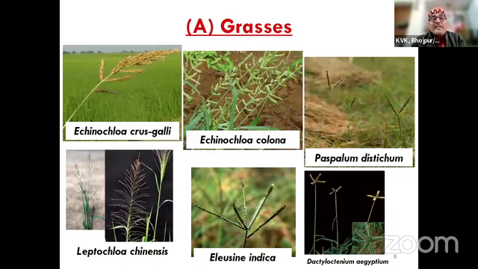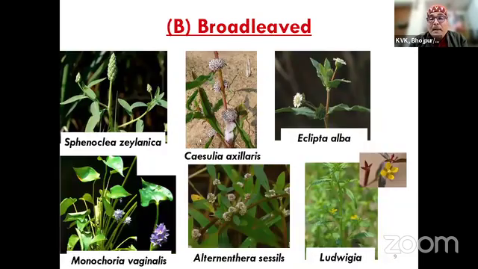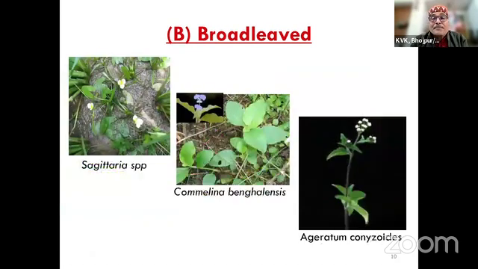Rather, it is not only rice, but a diversified panorama of grasses, which occupy other crops also: Echinochloa crus-galli, Echinochloa colona, Paspalum, Leptochloa, Eleusine, Dactyloctenium aegyptium. And these are mostly broadleaves: Ammannia, Sphenoclea, Eclipta, Monochoria, Alternanthera. Again, Sagittaria, Commelina benghalensis, Ageratum conyzoides.